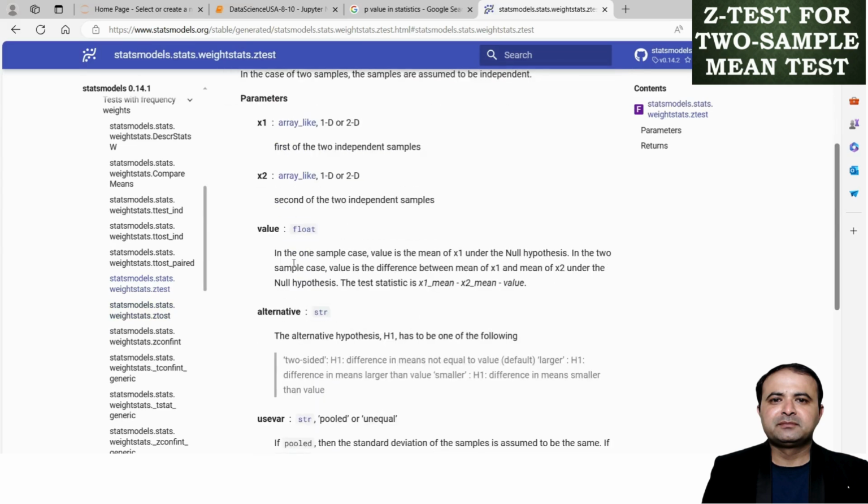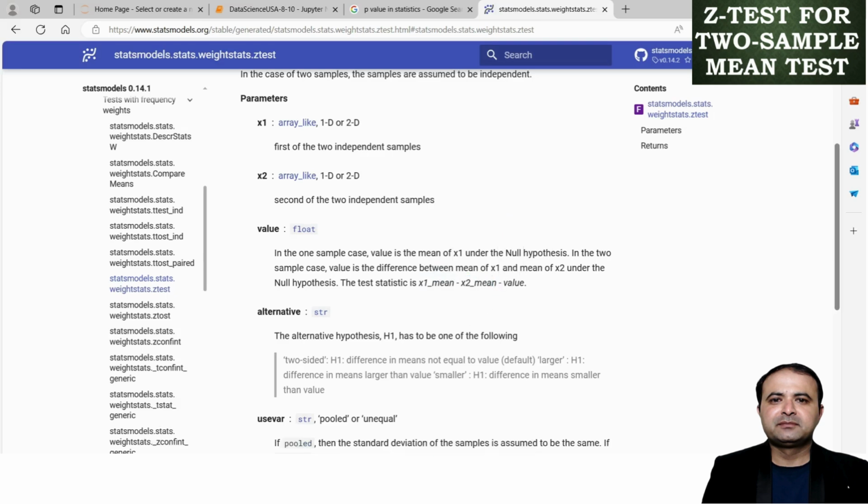For the one-sample case, the value is the mean of x1 under the null hypothesis. For the two-sample case, the value is the difference between the mean of x1 and the mean of x2. We have two groups and we want to differentiate under the null hypothesis. So the statistician first finds the mean of x1 and mean of x2, then subtracts the value.